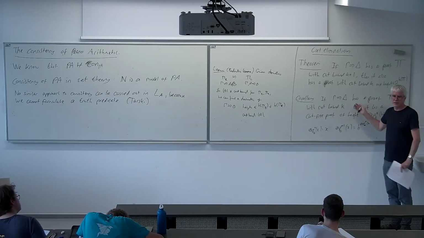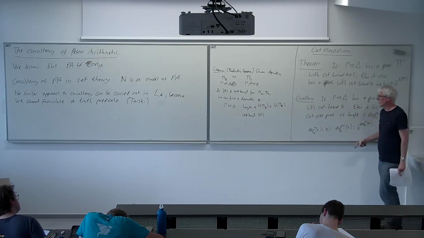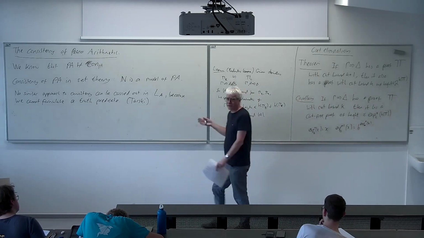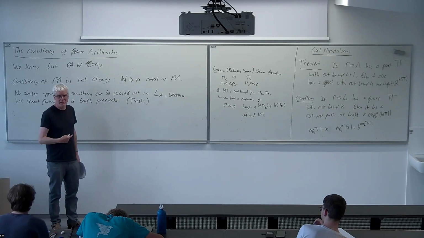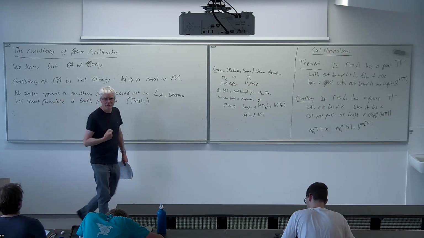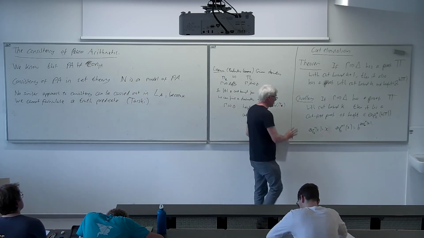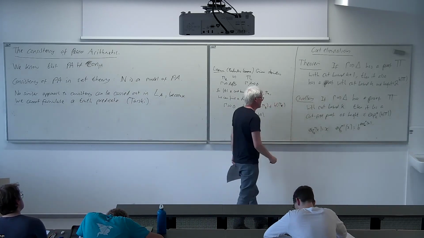And as a consequence, we're going to get that false is not provable by a purely combinatorial argument, in a sense. It's an interesting kind of combinatorial. I mean, a combinatorist probably wouldn't call it a combinatorial argument because it involves infinite combinatorics. But we'll see where those come from when we get to it.